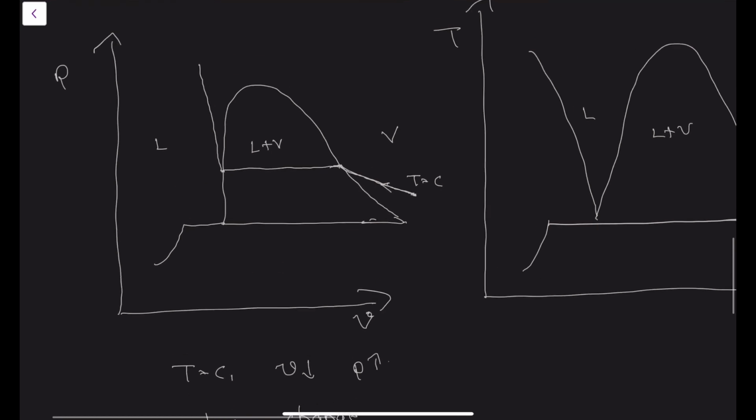So the curve goes like this. This is a constant temperature compression. If you do this for a different temperature, so this is T1 and this is T2, you will get a graph like this. This is how you plot the isotherm in a PV diagram.